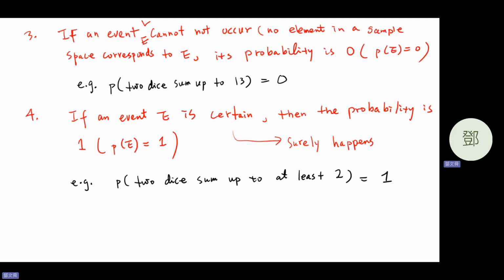For example, if E is the event that two dice sum up to 13, is it possible? Not possible. The maximum sum is 12. There is no way they sum up to 13. So if E is the event that two dice sum up to 13, then the probability of E is 0.